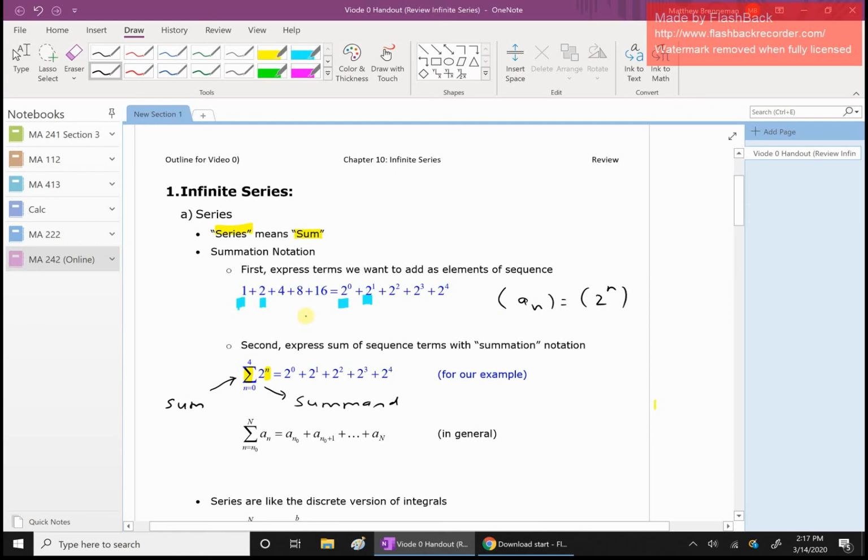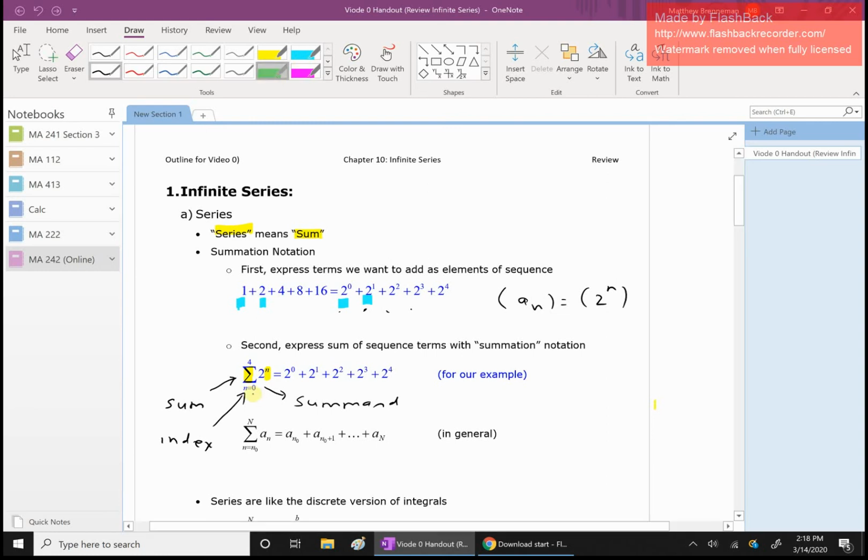Here this would be n equal to 0, n equal to 1, n equal to 2, n equal to 3, and so on. So n is known as the index for the summation. Basically, this set of instructions says add up these terms 2 to the nth, but we have to tell it where to start.